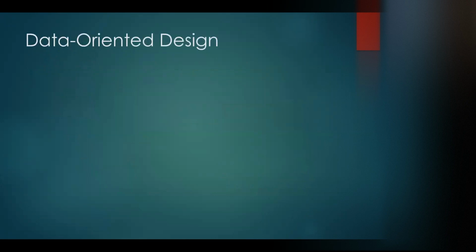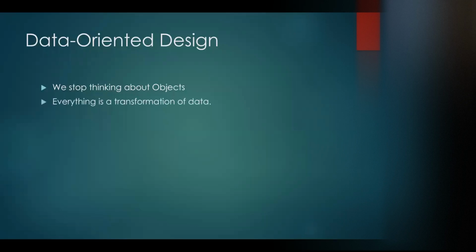So this concept I just introduced has a name, and it's called data-oriented design. The idea is that this is something separate from object-oriented programming, and it requires us to stop thinking about objects. Everything is modeled in terms of transformations of data.